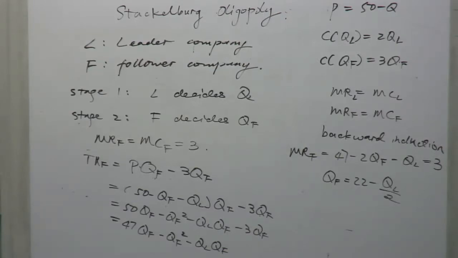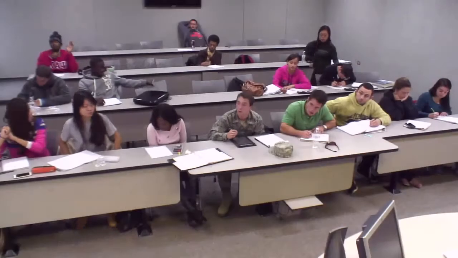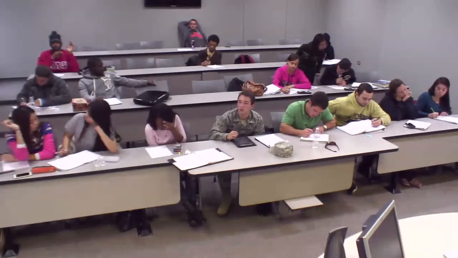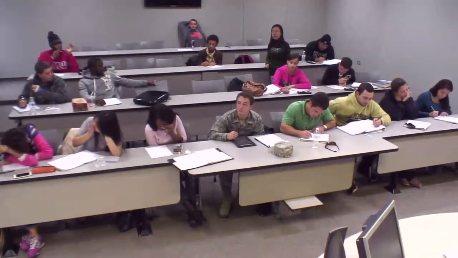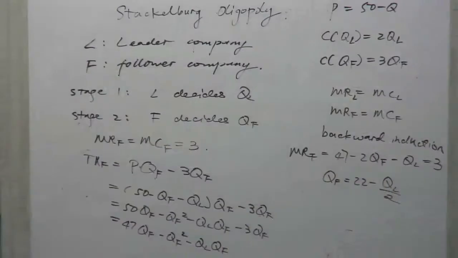You following me here? Okay, solve it yourself. After we found that QF equals 22 minus QL divided by 2, what do we do next?